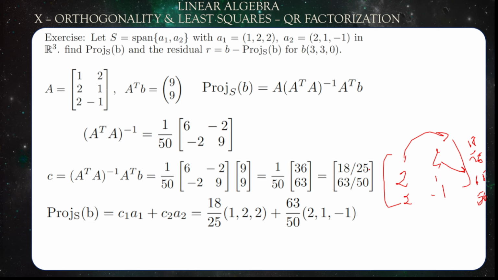You can multiply them using A as a matrix and placing next to it 18 divided by 25 and 63 divided by 50. You will get the same result.